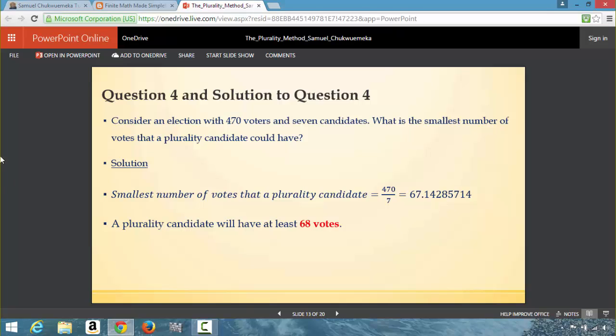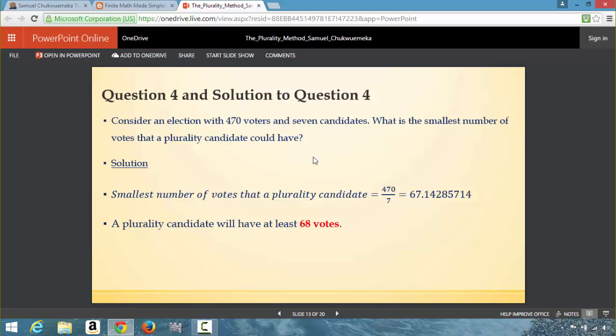So, for a plurality candidate, you just do 470 divided by 7. And that is at least 68 votes to be a plurality candidate. But now, what if I ask you, what's the smallest number of votes that a majority candidate could have?